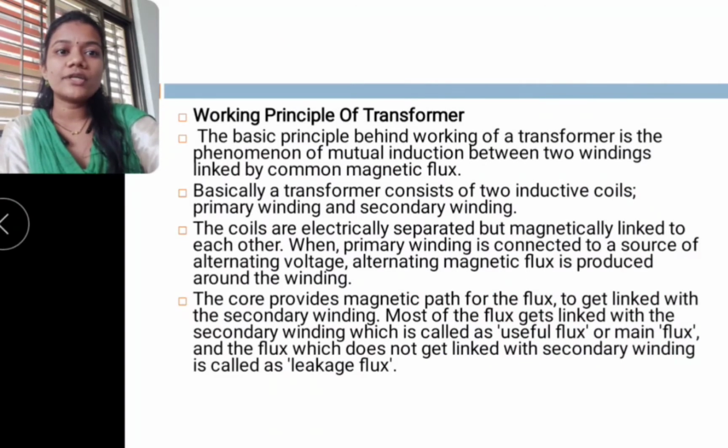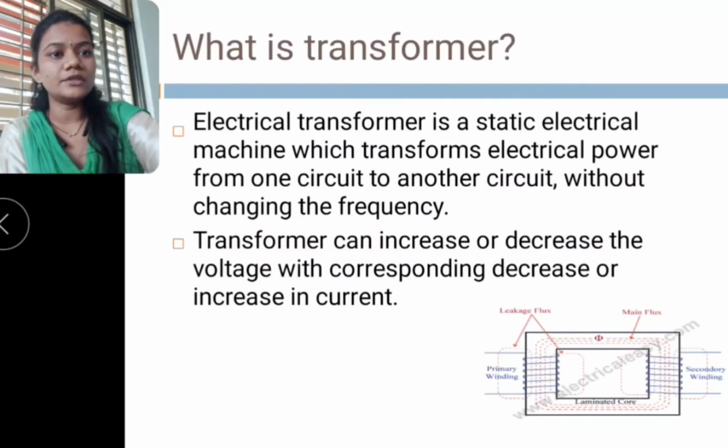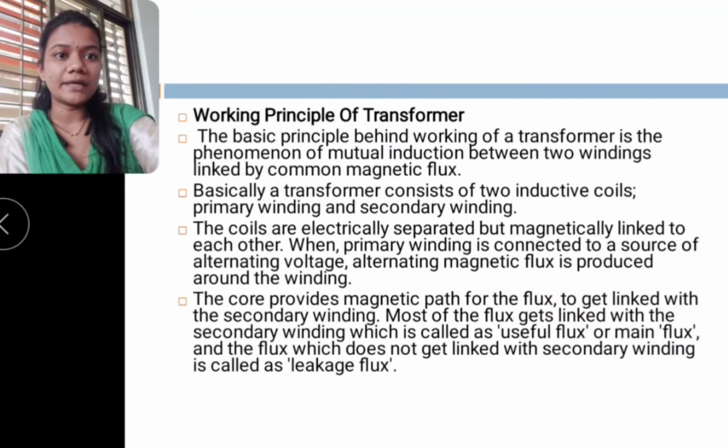Because of this, when the primary winding is connected to a source of alternating voltage, alternating magnetic flux is produced around the winding. The core provides a magnetic path for the flux to get linked with the secondary winding.